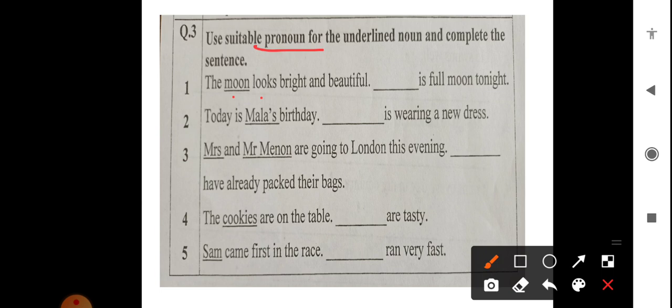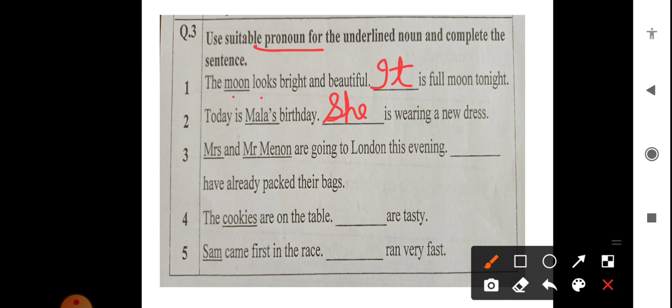Now, in place of moon, we are going to write down a pronoun, it. You know, for things we use it. Today is Mala's birthday. Dash is wearing a new dress. Now for Mala, she's a girl. So for girl, we use the word she. She is wearing a new dress.